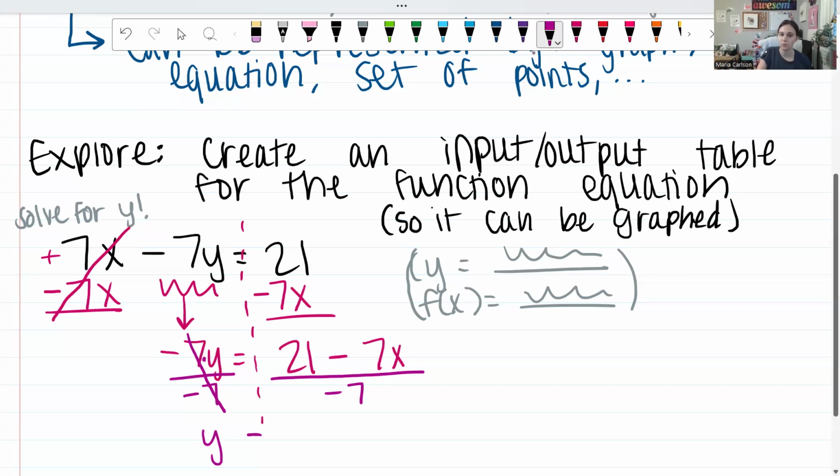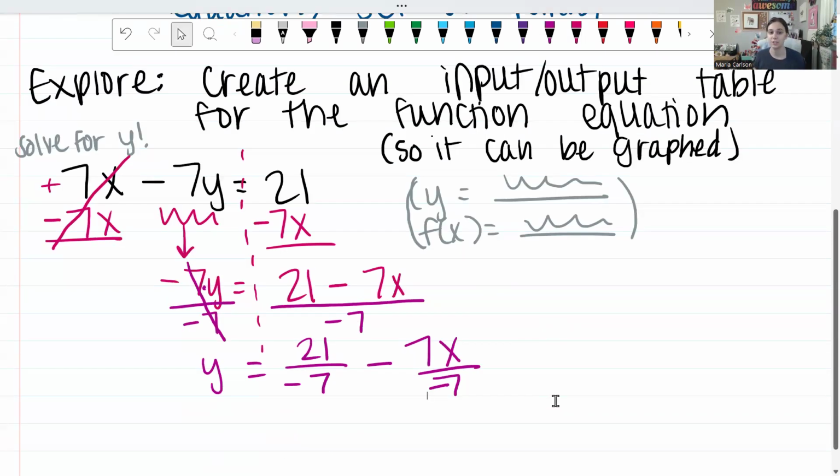We're left with just y equals. And then we have 21 divided by negative 7 minus 7x divided by negative 7. So I just distributed that division to both the 21 and the 7x. So I'm going to divide both of those terms by negative 7.